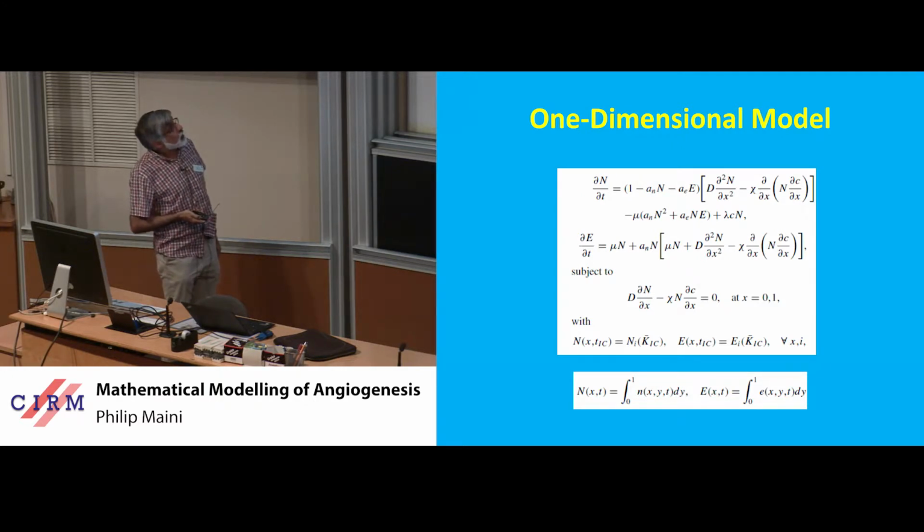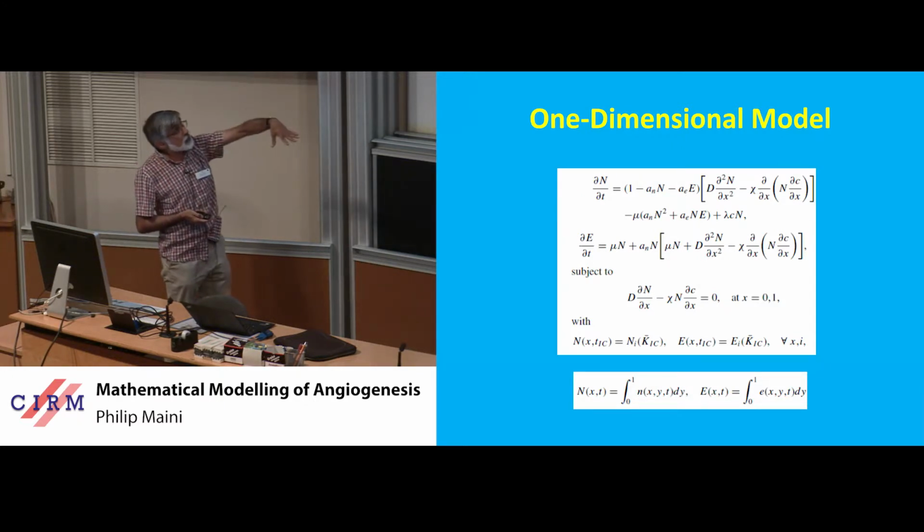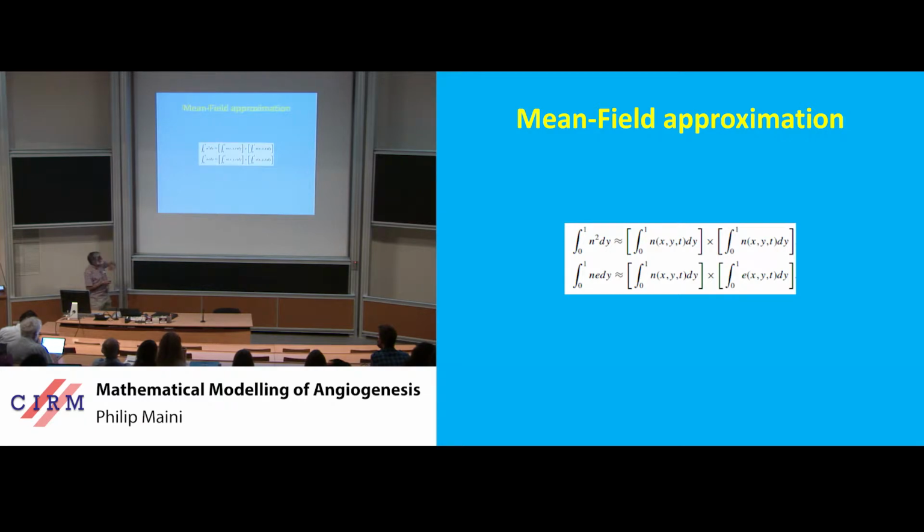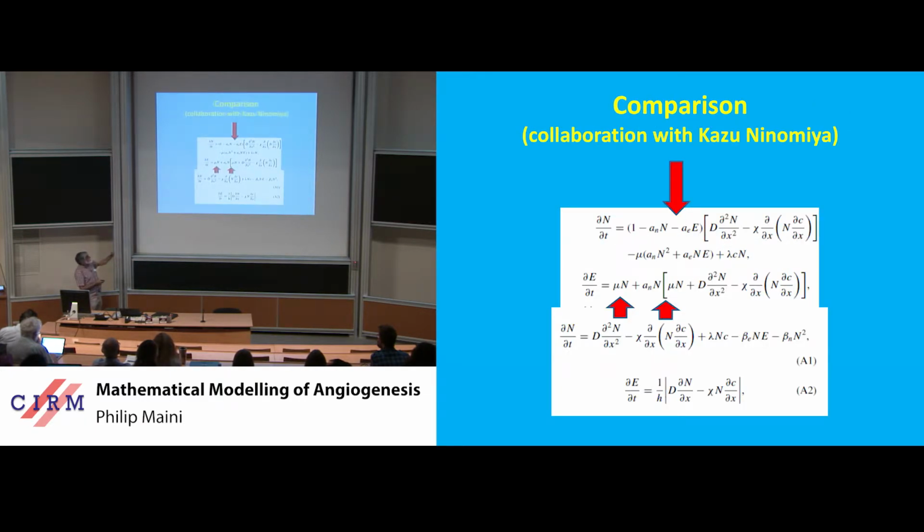And now, to get to one dimension, we integrate in the y direction, and we need to use a mean field approximation, and when we do all of that, this is what we end up with. Okay, so at the top you see the model we got, and at the bottom you see the snail trail model that we've all been using.